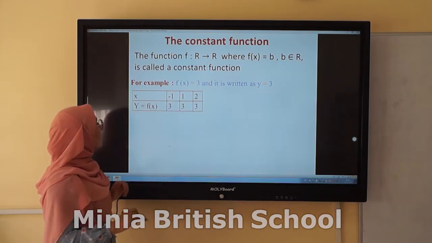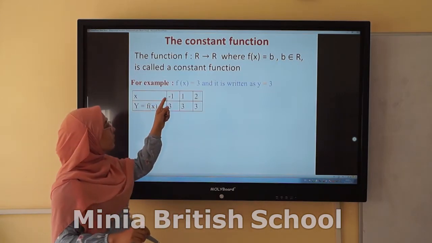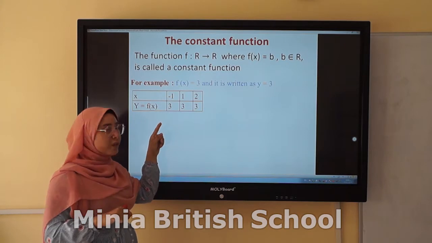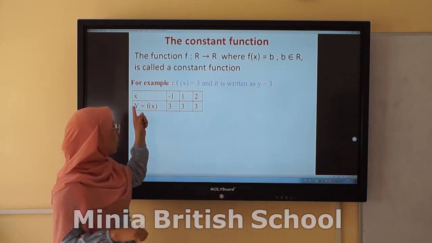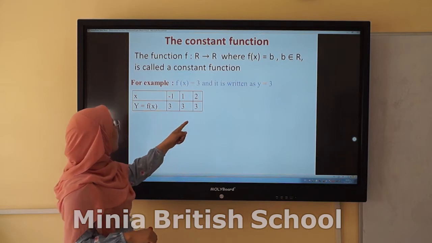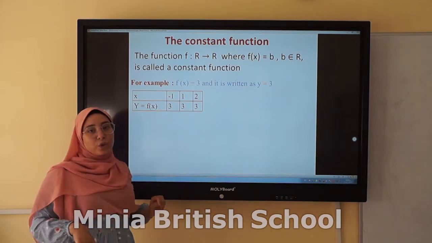So x equals negative 1, y equals 3; x equals 1, y equals 3; x equals 2, f(x) equals 3.